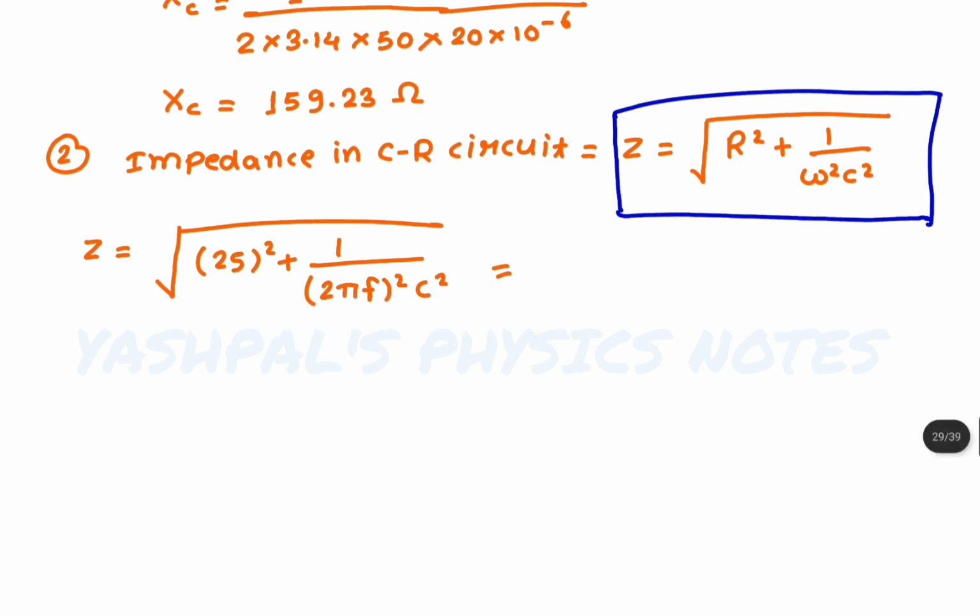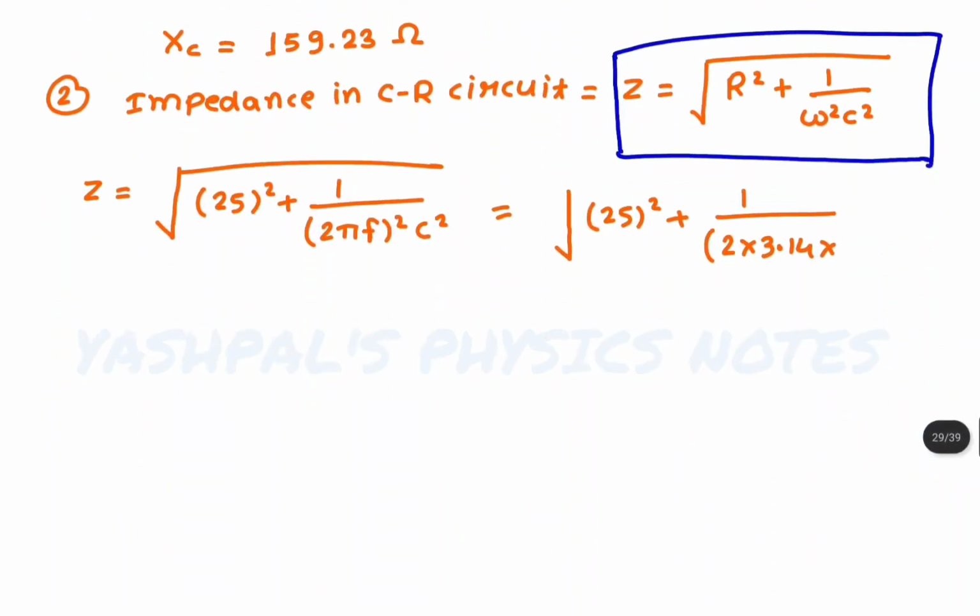Now here I am writing under root 25 square plus 1 upon 2 into 3.14, and what is the value of f? It is given as 50 whole square. Wait a minute, let me write it here, you can better see it.